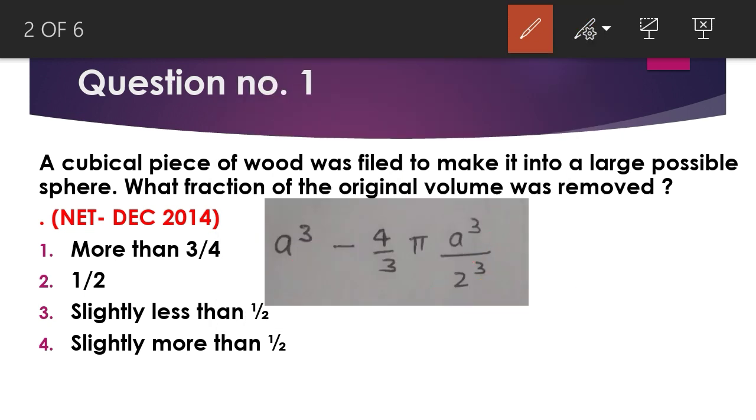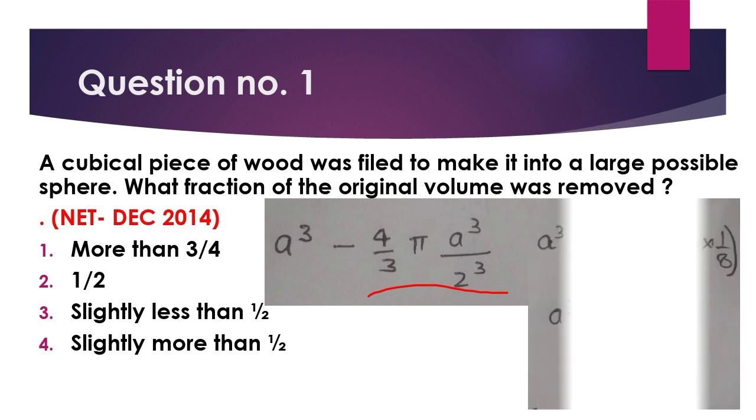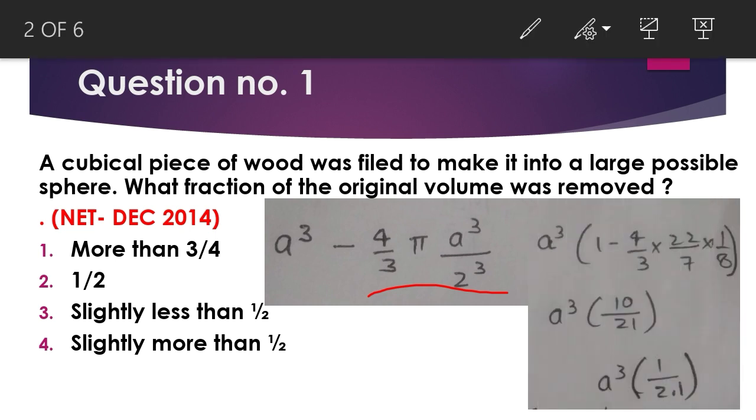If radius is A by 2, then the volume of the sphere will be 4 by 3 pi r cube, and here r is A by 2. So here it is A cube divided by 2 cube. Now after solving this, what will we get? We will get an equation something like this. A cube is common in both terms, and finally, after calculating, we will get A cube into 1 upon 2.1.